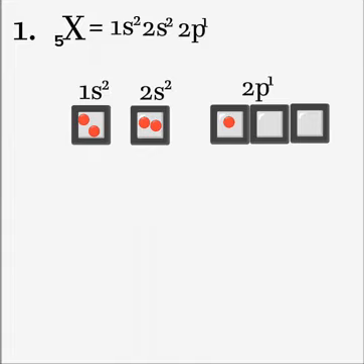Next is the 2p superscript 1 orbital. Recall that we said the p orbital is like a 3-bedroom that can carry a maximum of 6 electrons. So we draw 3 boxes representing these rooms, and we assign just 1 electron to the first box since 2p superscript 1 was assigned only 1 electron. So looking at what we just did, we can say only 1 electron is unpaired, which is the one in the 2p superscript 1 orbital.